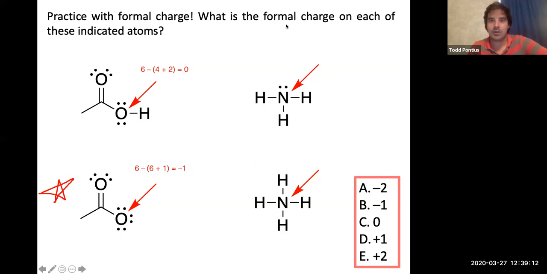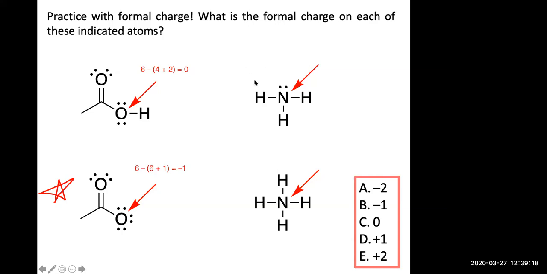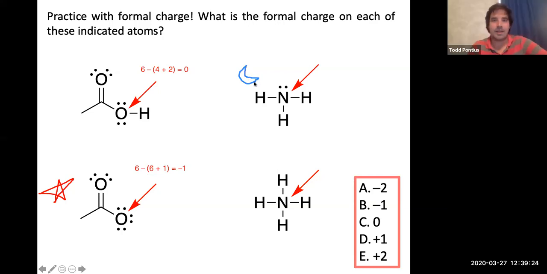Up next, we're going to do this one. I'm just going to draw a different, these are basically going to be like Lucky Charms. We have a star. We're going to do the one with the crescent moon next. So we'll give it about 30 seconds.